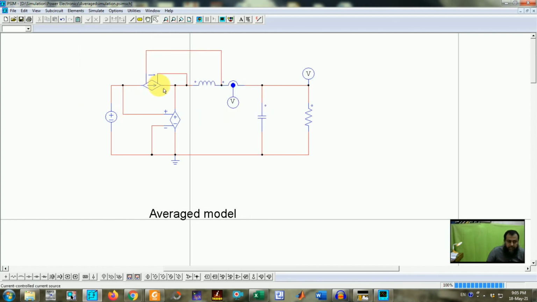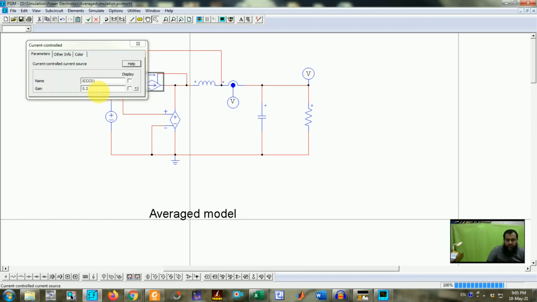This one is a current controlled current source. This arrow sign shows the direction of the flow of the current, and because we have earlier studied that the input current depends on the output current, I have used a current sensor here, and the input of this current sensor is now connected to this dependent current source.